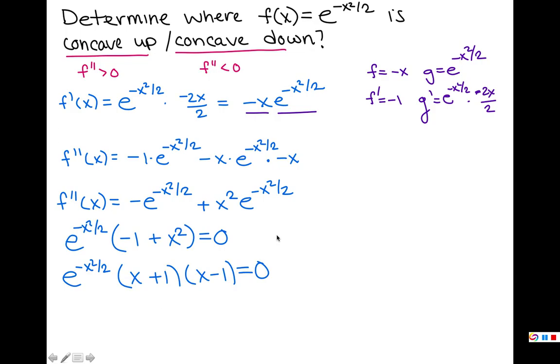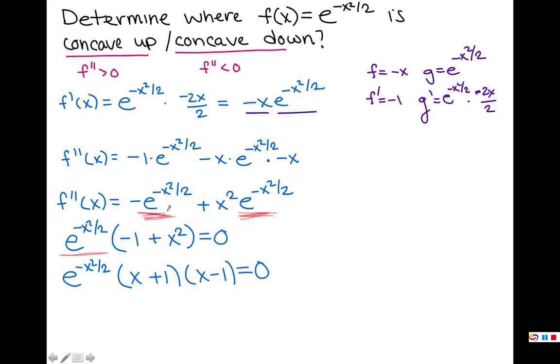All right, so I set my second derivative equal to 0, and then I'm going to solve this by factoring. If you take a look at the second derivative, both of the terms have an e to the negative x squared over 2 in them. Both have that same exponential expression, so that's my GCF. I pulled that out front.